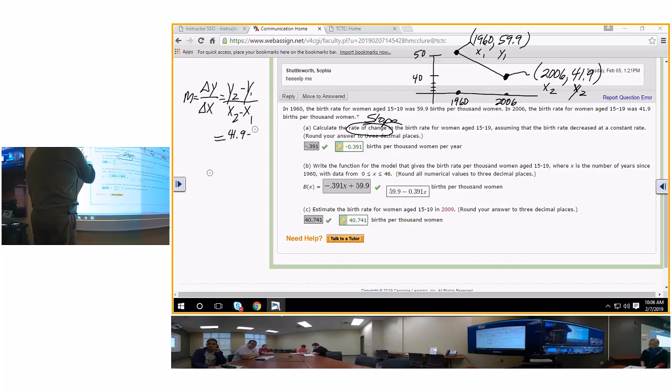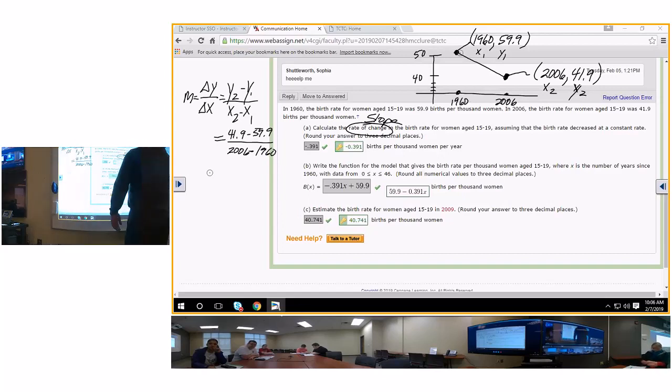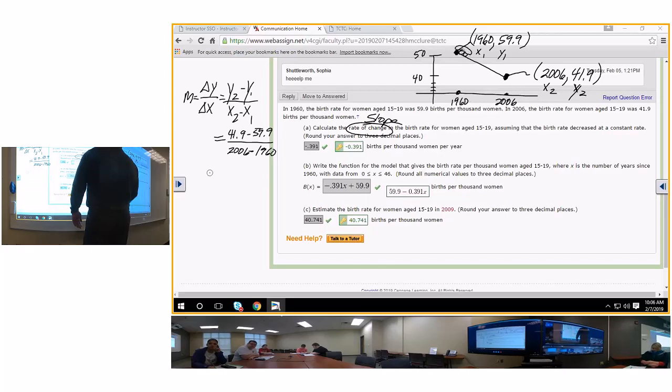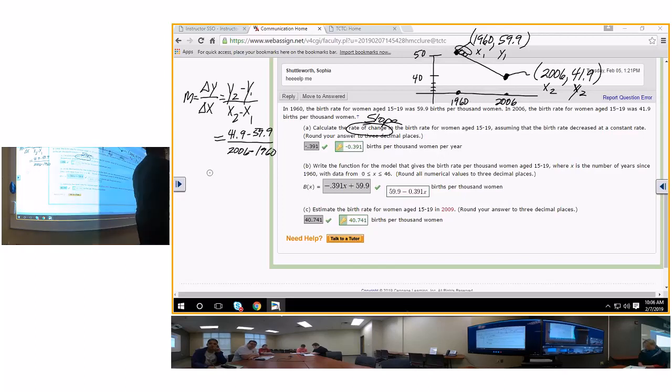All right, 41.9 minus 59.9 over 2006 minus 1960. Now, a lot of people say, well, that'll give us a negative slope. Well, if you put your car on the left-hand side, what's that car doing? It's going to go downhill. Downhill's a negative slope.